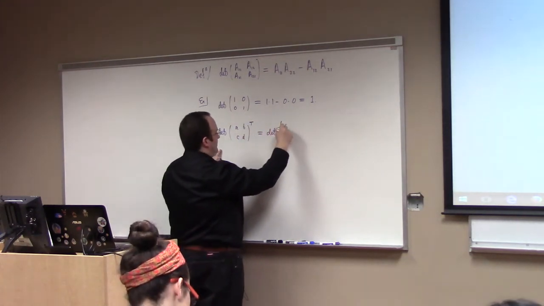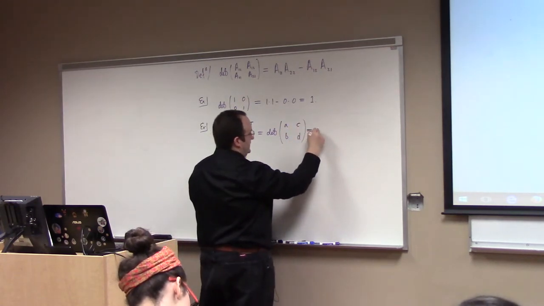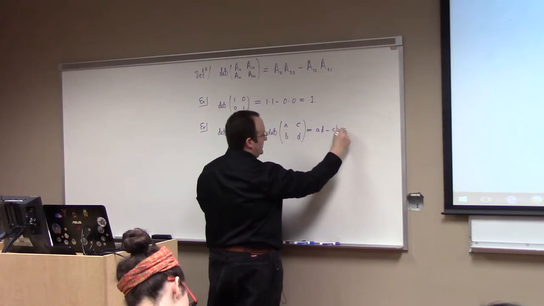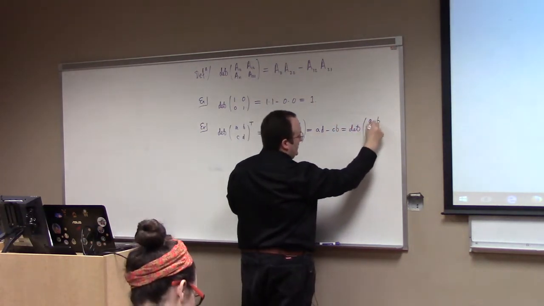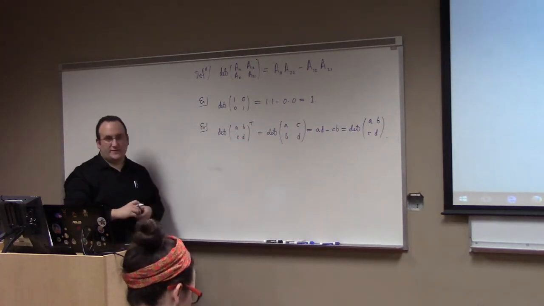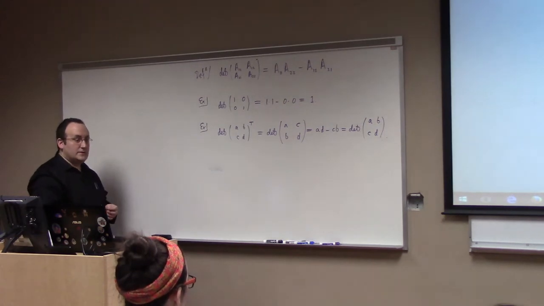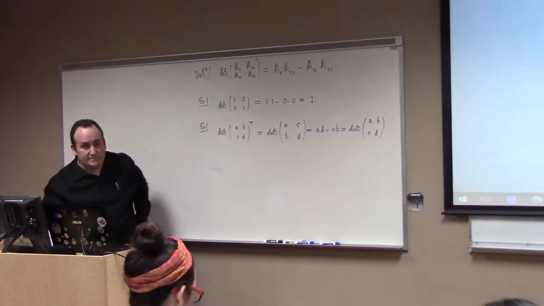That's the determinant of A, C, B, D, right? Which is AD minus CB, which, by the way, is also equal to the determinant of A, B, C, D. So at least for the determinant of a 2 by 2 matrix, it can't tell before and after transposition, same result, right?